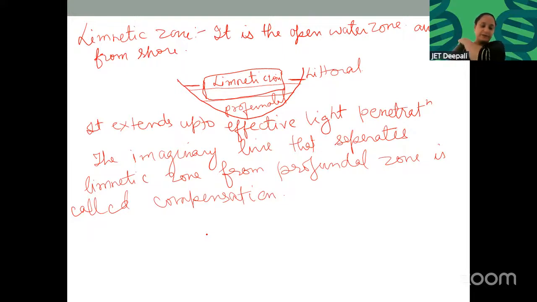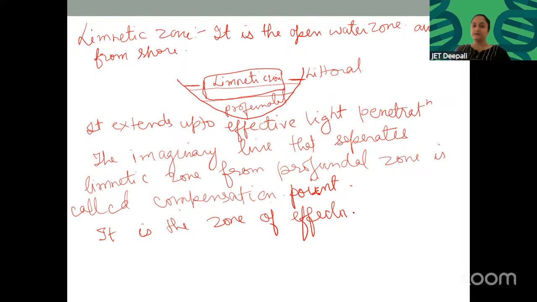It is the zone of effective light penetration, where the rate of photosynthesis is equal to the rate of respiration. Okay, this compensation point, it is the zone of effective light penetration.